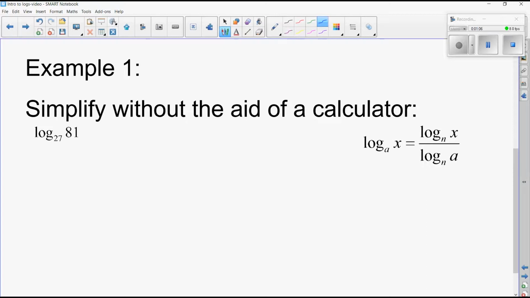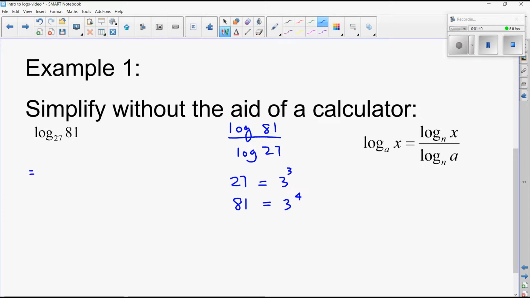I could choose base 10, and I could write it as log of 81 over log of 27. And I can simplify this by factorizing 81 and 27, but I'm going to choose base 3. And why I've chosen base 3 is because I see that 27 is 3 cubed, and 81 is 3 to the 4. So I'm going to rewrite this with base 3.